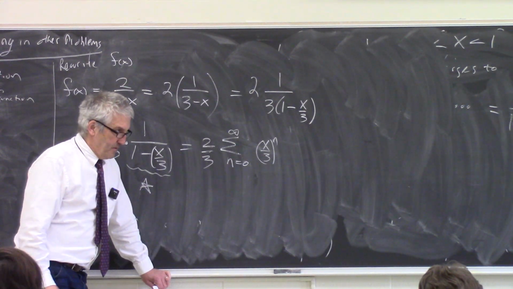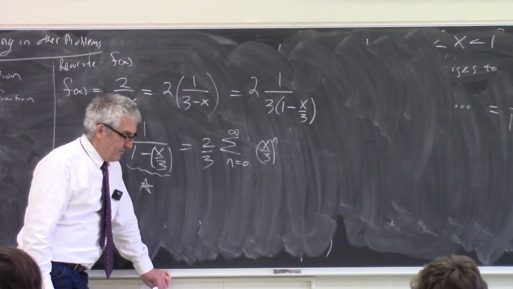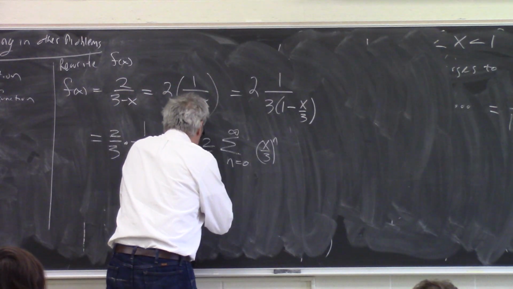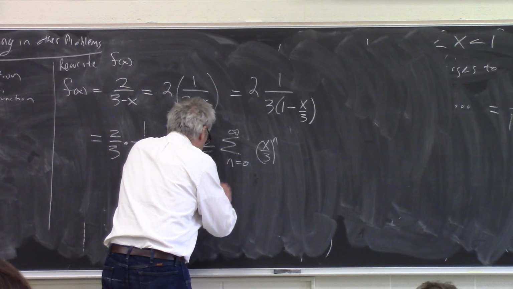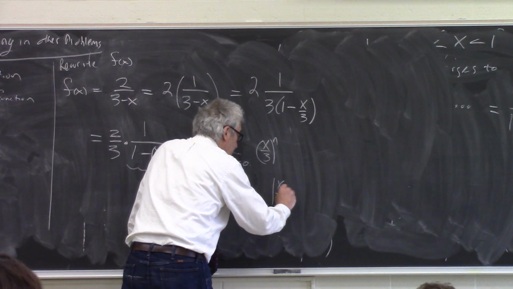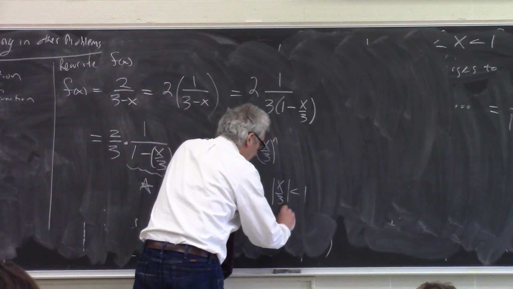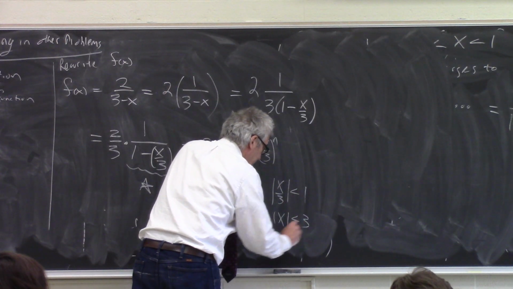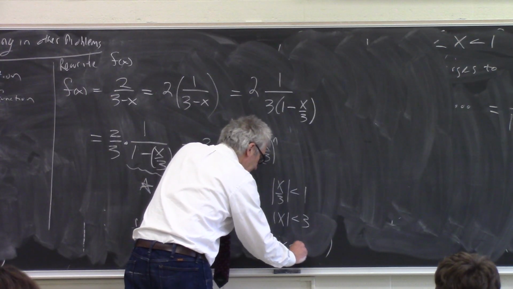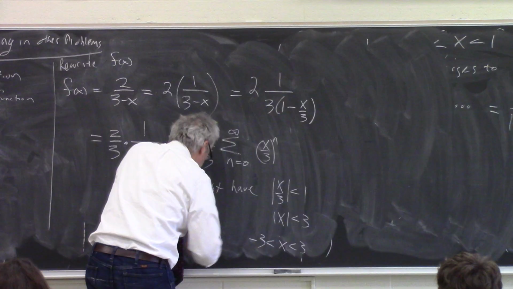Is it when x is between -3 and 3, not including the endpoint? I'm not sure about the endpoints yet, but we certainly know that the absolute value of x over 3 has to be less than 1. So that means that the absolute value of x has to be less than 3. So as Silver said, that means that x has to be between -3 and 3. So that means the radius of convergence is 3.